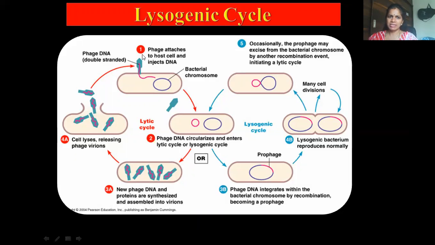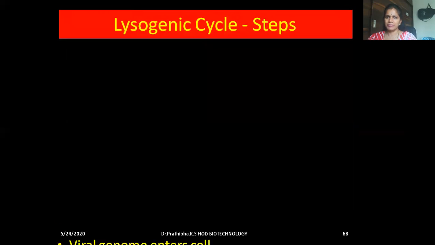Here this is step 1 in the lytic cycle, step 2, step 3, and this is step 4. Whereas in the lysogenic cycle, step 1 is already done, step 2 is already there, and this is step 3, step 4, and step 5. So this is the overview of both the lytic cycle and lysogenic cycle.